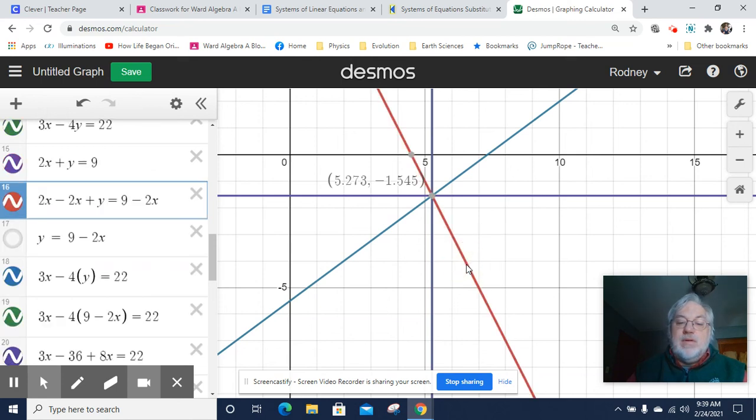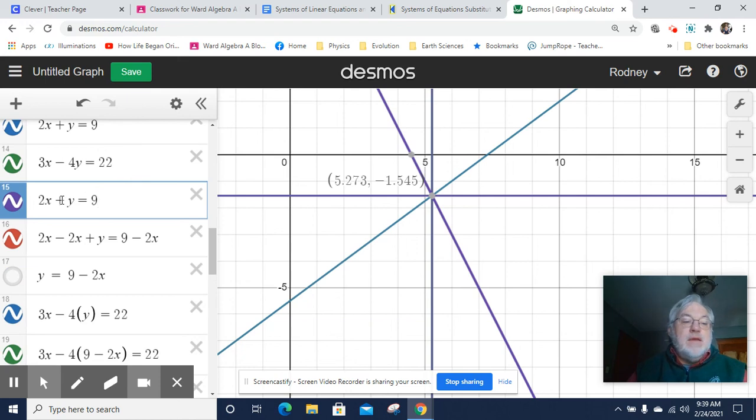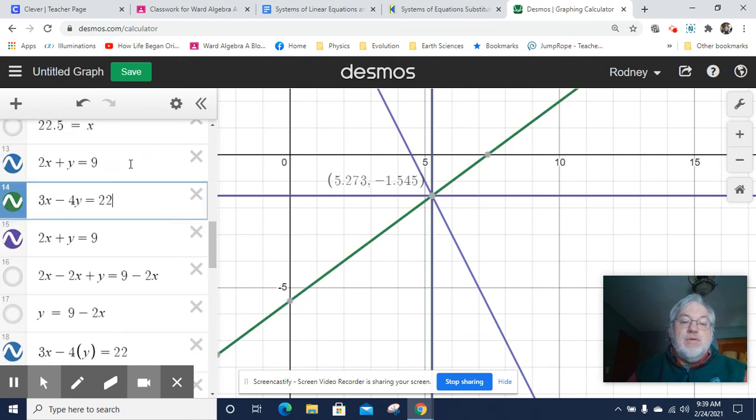There we go. It is our original equation, 2x plus y equals 9. And this one here is our original equation, 3x minus 4y equals 22, and they do indeed intersect at what has been rounded, 58 over 11, negative 17 over 11.